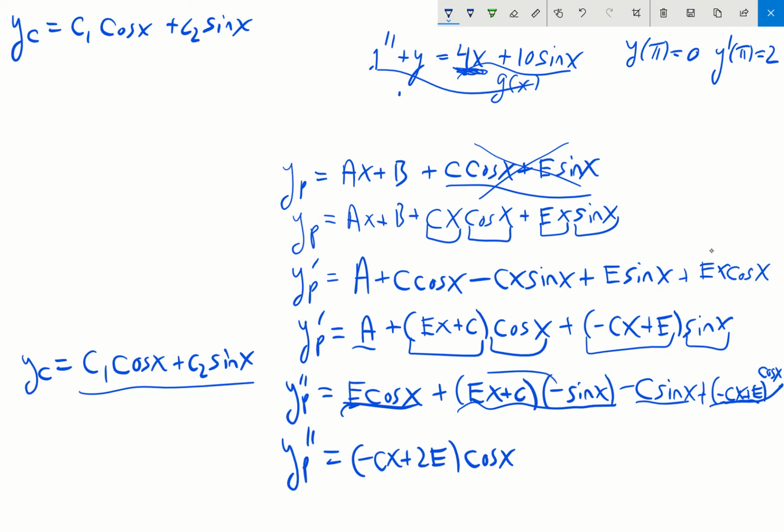This negative sign, if you want to remove it from the sine, it's probably more helpful to think of it as negative ex minus c times the positive sine of x. So when we look at the coefficient of sine of x, here's what we get. We have negative ex minus c minus another c, which produces a minus e to the x minus 2c times the sine of x. And that's going to be our coefficient for that function.